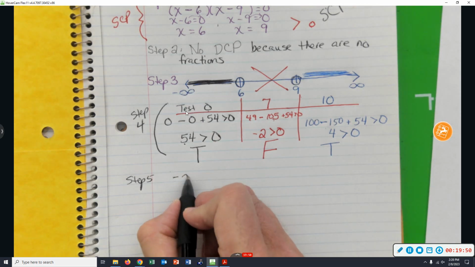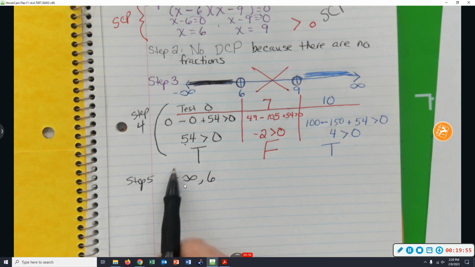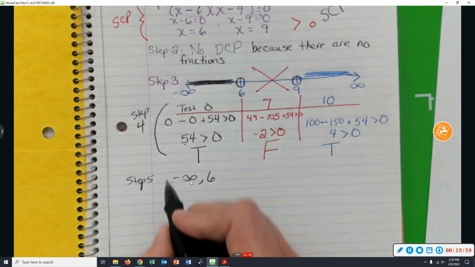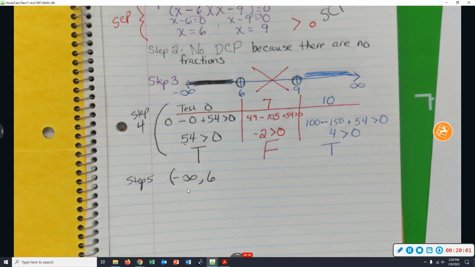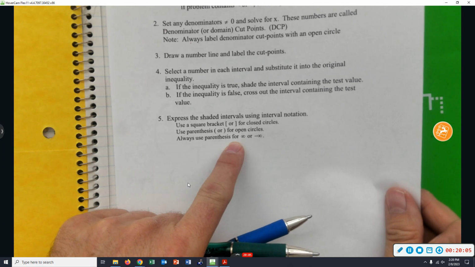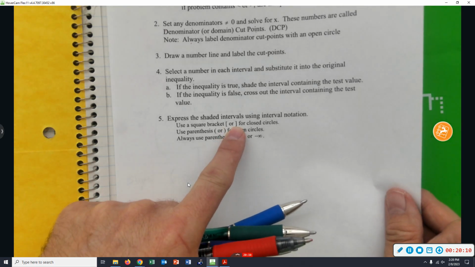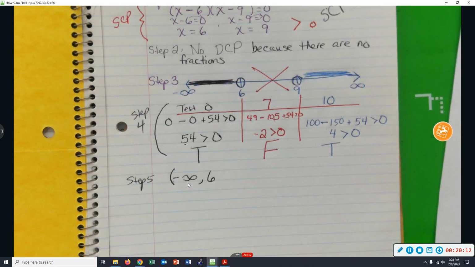Well, before negative infinity. Let's go ahead. Negative infinity to 6. What's going to go in front of the negative infinity? Parentheses or bracket? Parentheses. Always put parentheses in front of infinity symbols. Always use parentheses for open circles and brackets for closed.